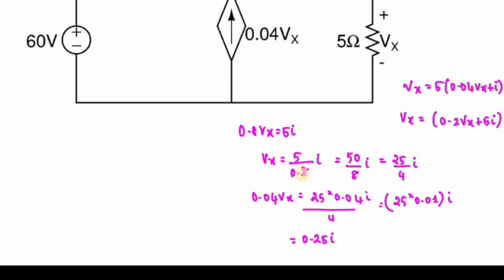So if I take 0.8 Vx is equal to 5I, Vx is equal to 5 divided by 0.8 I, that is equal to 25 divided by 4, right?